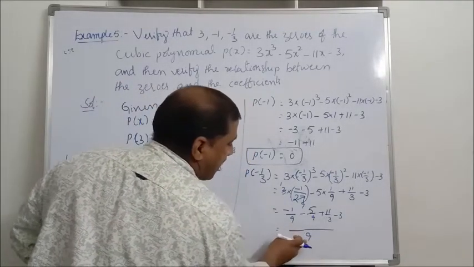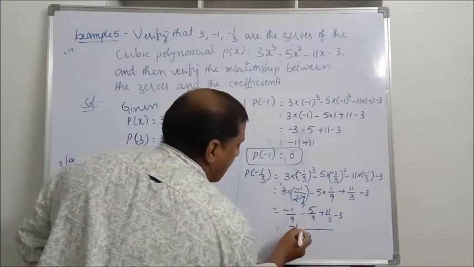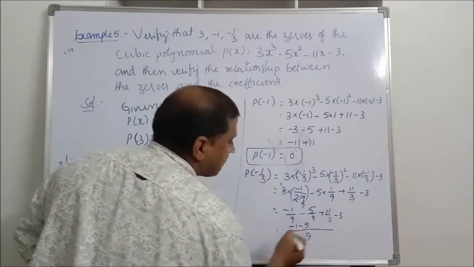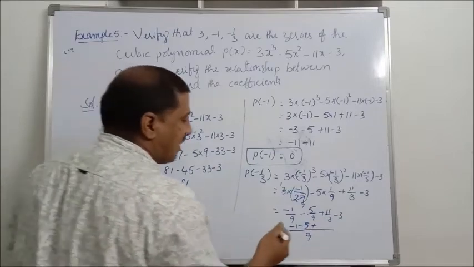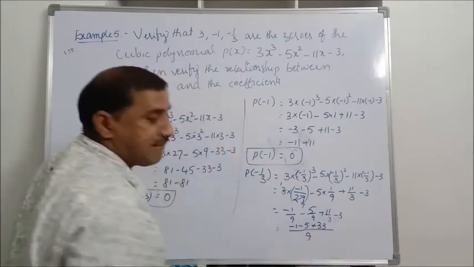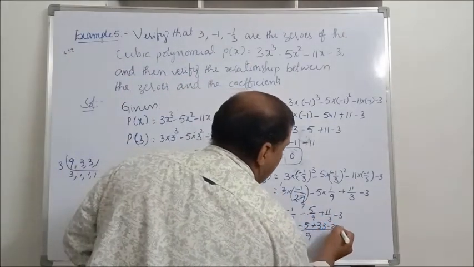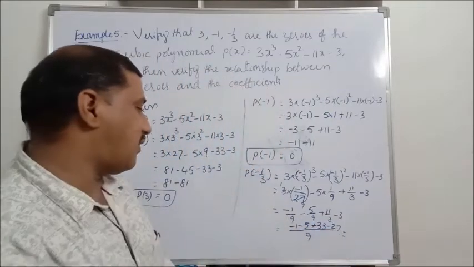Now 9 1s are 9, 1 is the quotient, 1 into minus 1 it is minus 1. Again keep minus, 9 1s are 9, 1 into 5 it is 5, that is minus 5, plus 3 3s are 9, 3 into 11 it is 33. Next 3 means this 3 by 1, 1 9s are 9, 9 into 3 it is 27, minus 27 we will get. Now add the negative integers.